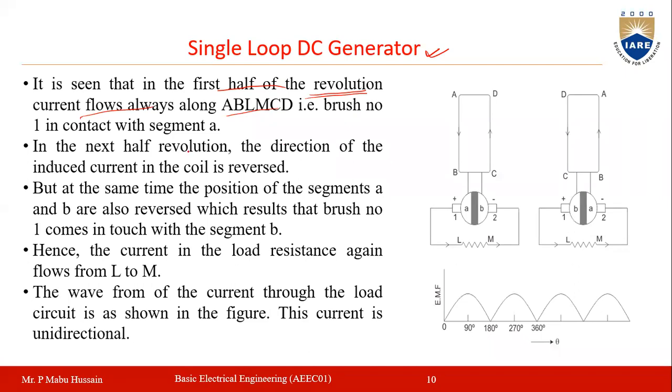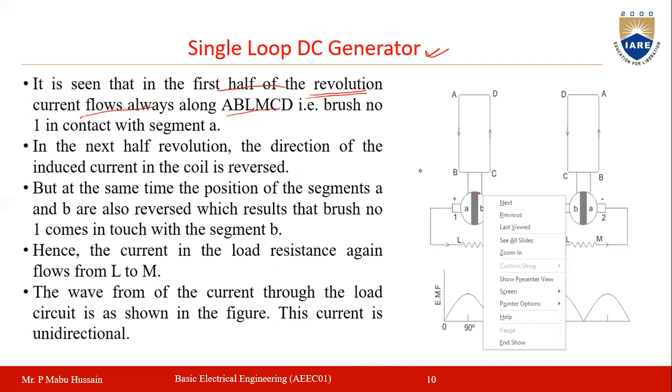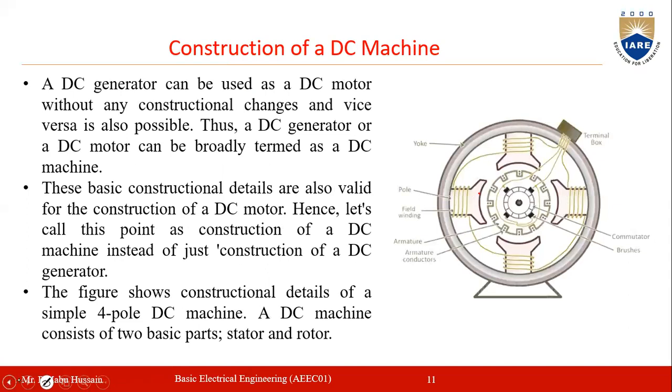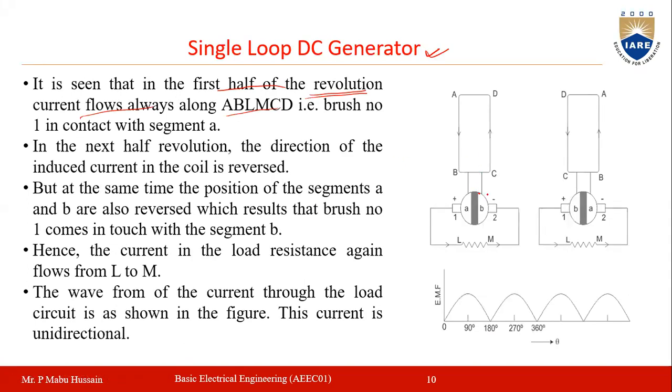You see here in this diagram, this is the commutator, the circular one. Now here these are the brushes. These brushes are stationary parts, and this commutator will rotate along with these conductors.